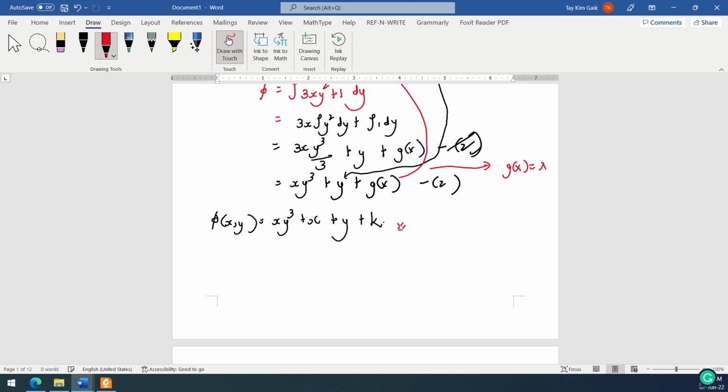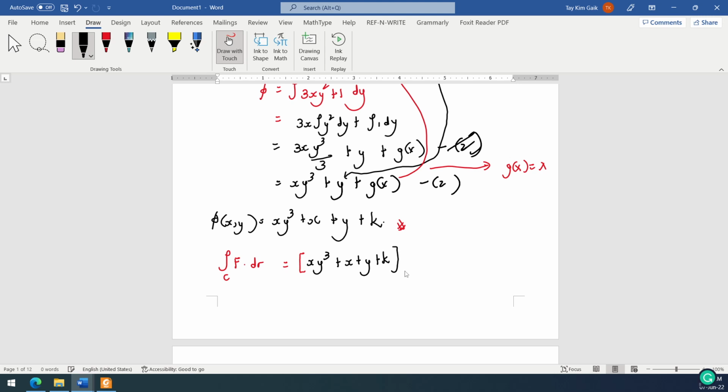So this is the potential function phi, and then the line integral of F dot dr along the curve C, you can evaluate using the potential function phi of x, y. So I put xy cubed plus x plus y plus k.